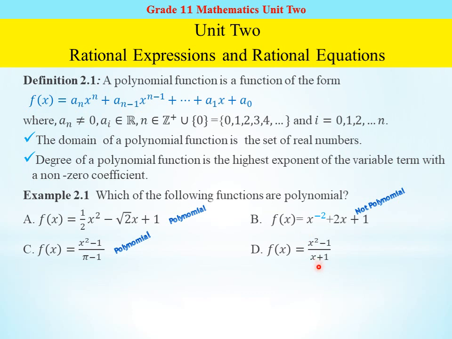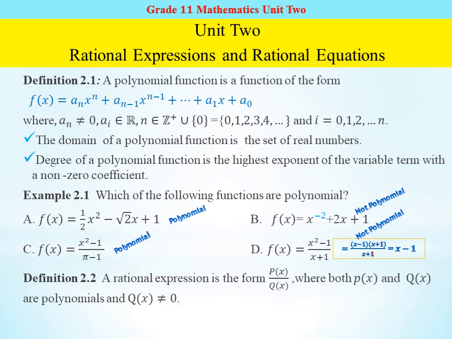The set of real numbers without negative 1 ነው። So this one is not a polynomial function. ወይም ይሄኛው ሲምፕሊፋይ ስናደርገው x square minus 1, which is equal to x minus 1 times x plus 1, over x plus 1. እዚህ ጋር x plus 1 በx plus 1 ይጣፋል የሚቀረን ተርም x minus 1 ነው። So this one is not a polynomial function.